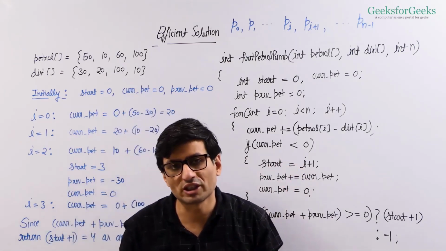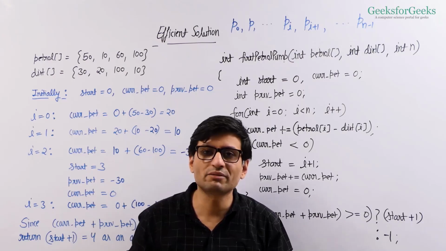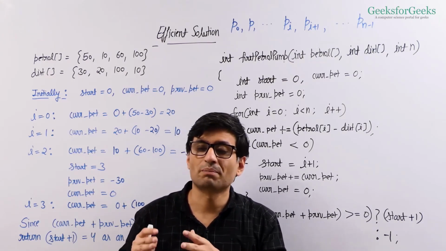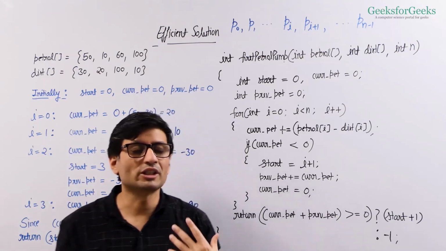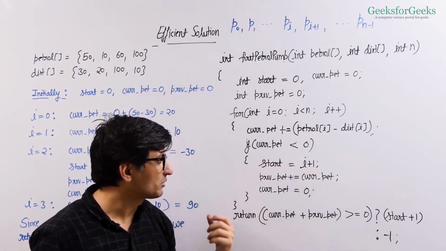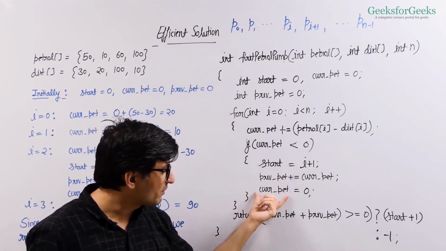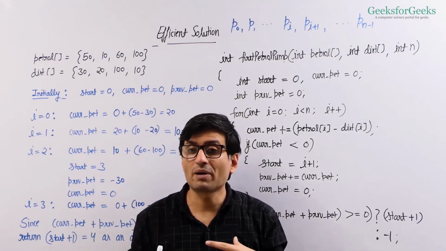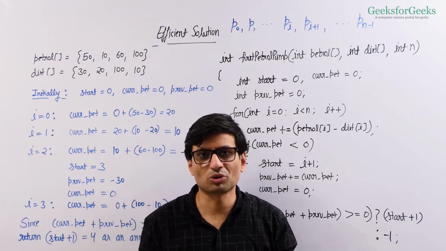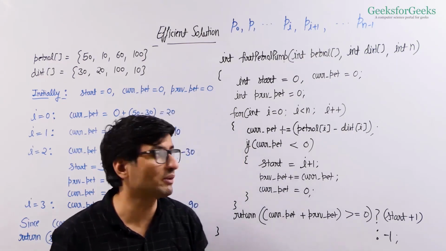So we're using this concept. If current petrol becomes negative, then none of the petrol pumps from 0 to i can be your answer. So you can safely make start equal to i plus 1. And then we make current petrol equal to 0. So this is the same thing we discussed. Apart from this, you will notice one more thing in this implementation, which is previous petrol.